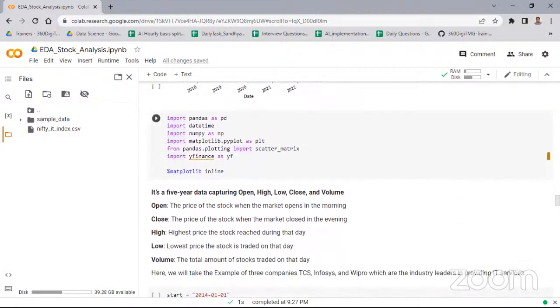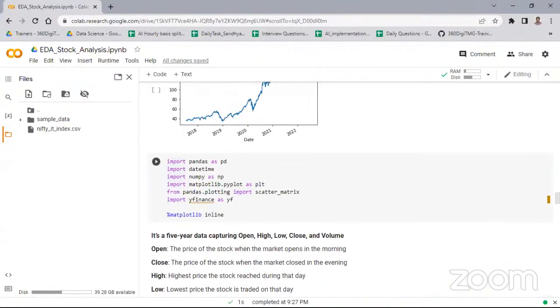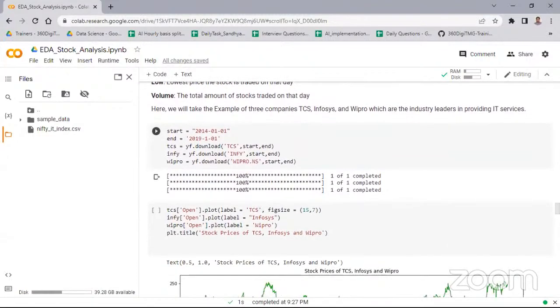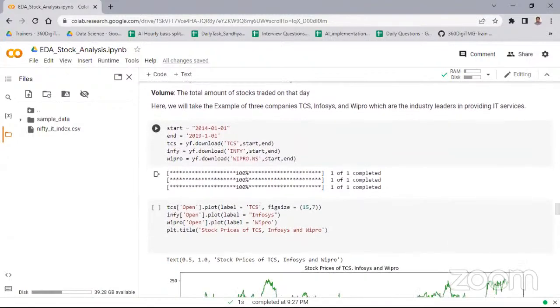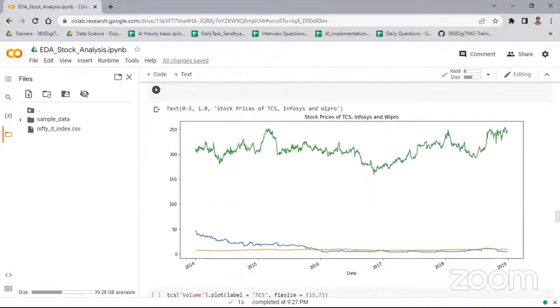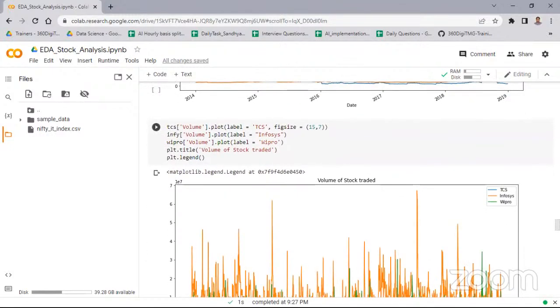These are all other kinds of representation for the TCS stock market, Wipro stock market and Infosys over a period of 14 to 19. Over this period, Wipro is having more.